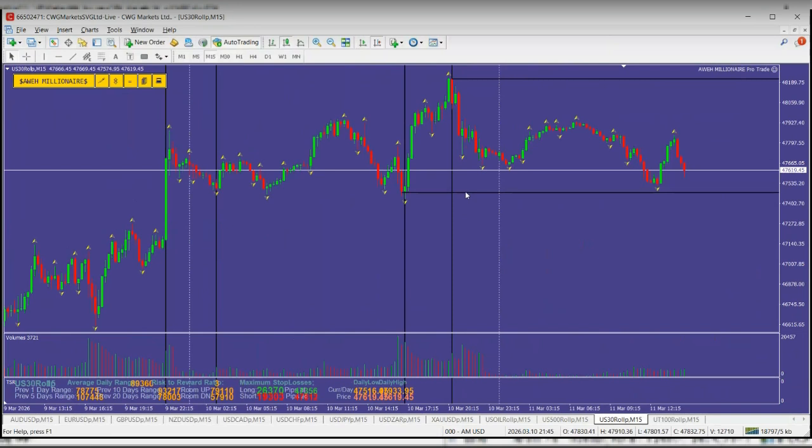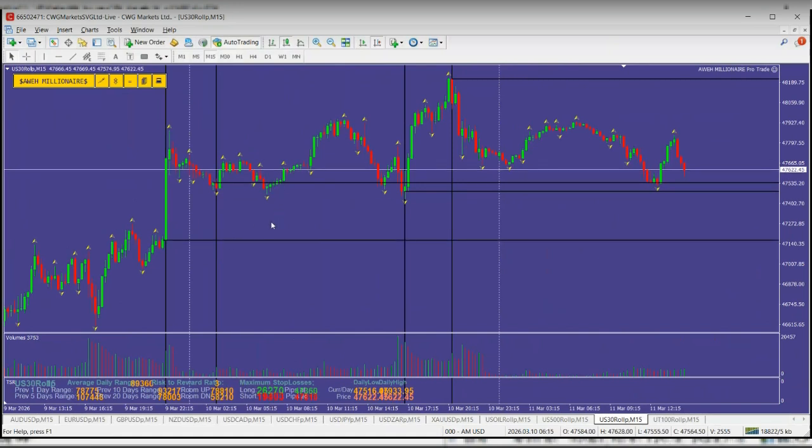So here's the first one here, second one here, that's the zone, and the next one down here.